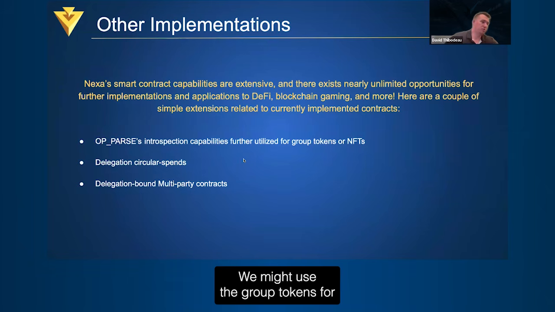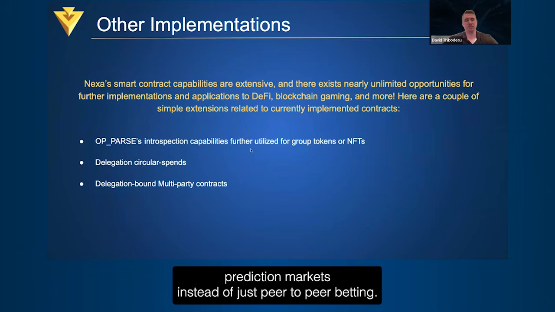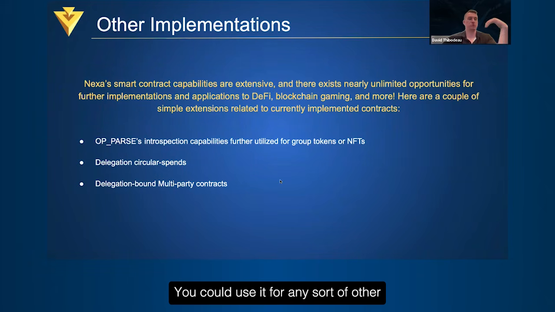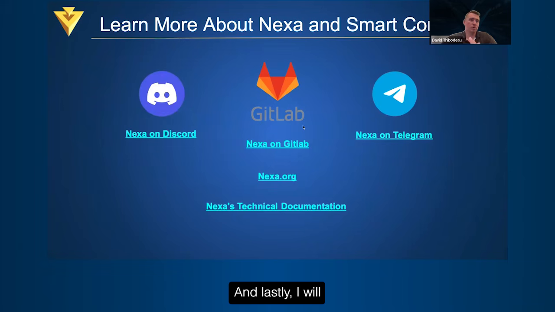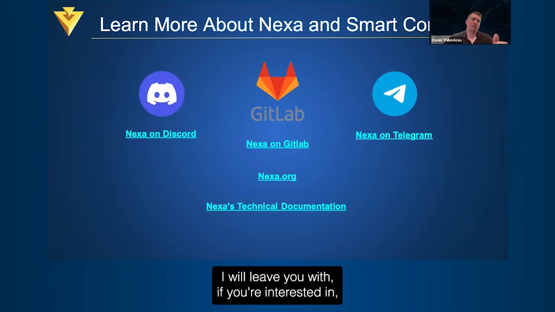We might use the group tokens for prediction markets instead of just peer-to-peer betting. You could use it for any sort of other financial applications that require tokens that could be tradable on a market.